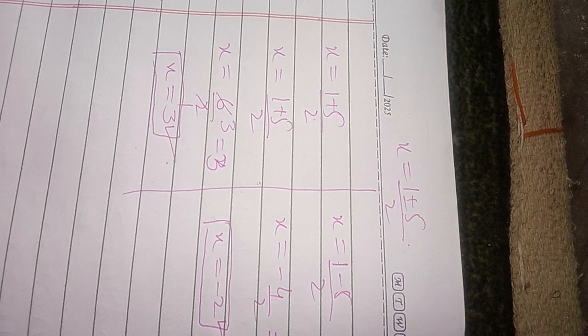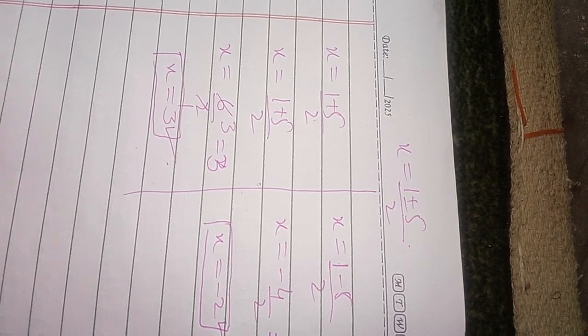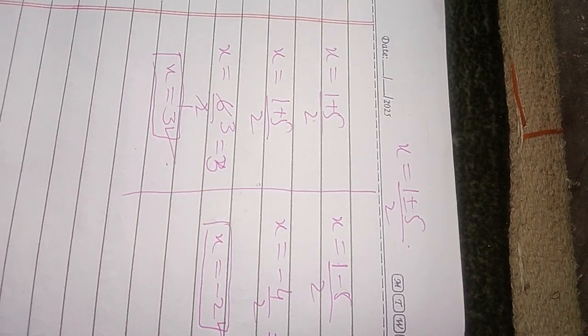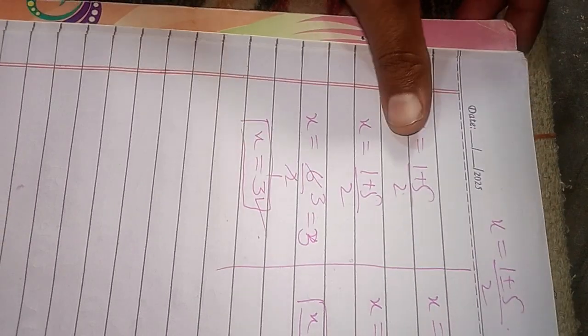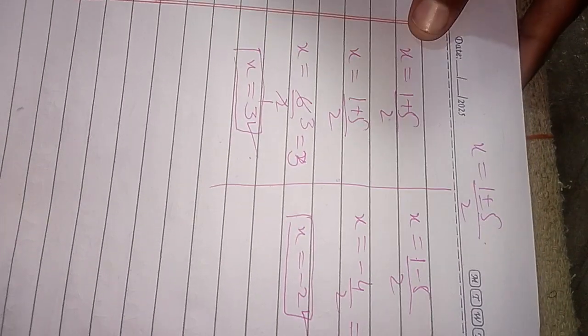So let's find the answer by the middle term formula. What was the question? The question was x square minus x minus 6. So this was the question.